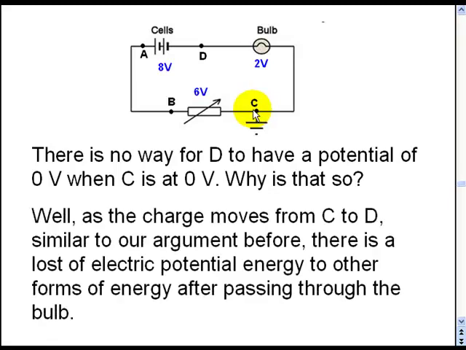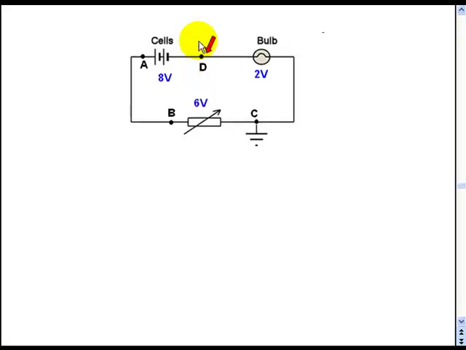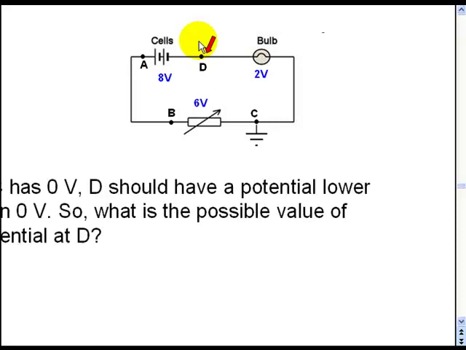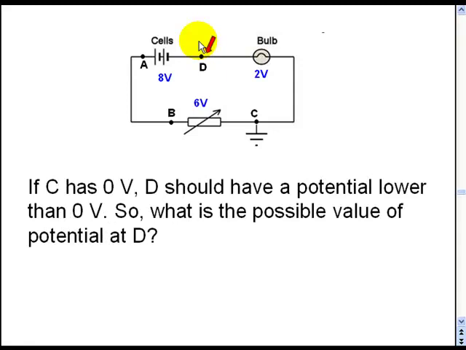Well, as the charge moves from C to D, similar to our argument before, there is a loss of electric potential energy to other forms of energy after passing through the bulb. Since there is a loss of electric potential energy, D should have a lower potential than C. If C has 0 volt, D should have a potential lower than 0 volt. So, what is the possible value of potential at D?